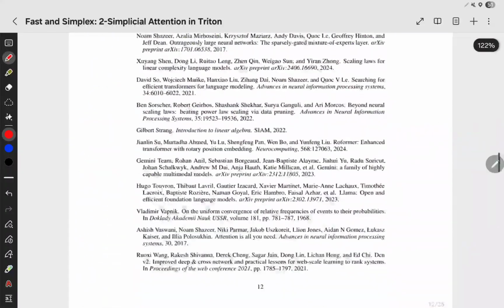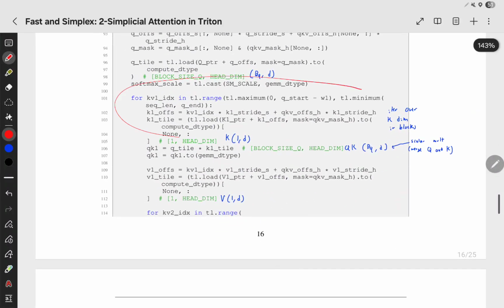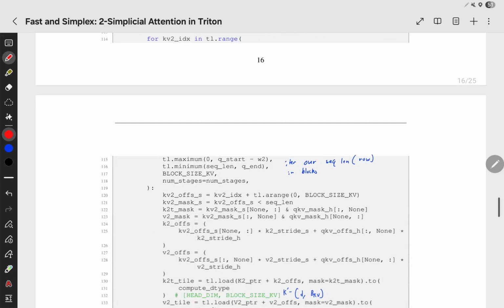I can show real quick. They basically have two loops here. You have your main loop, which is what you normally have, going over your row, accumulating over your row, and you compute your accumulation here along with your maxes and your L values, so that you can do the online softmax.